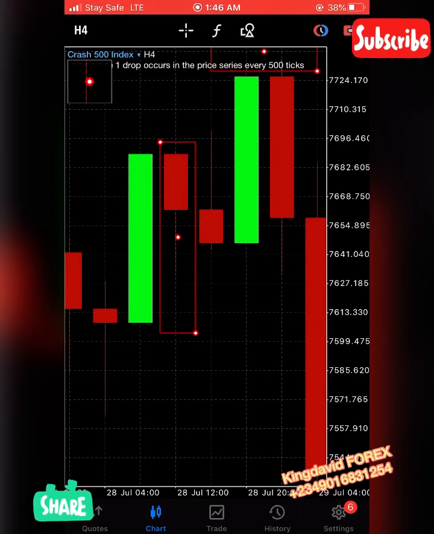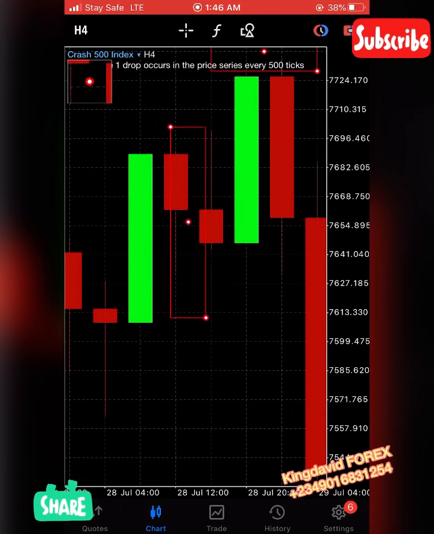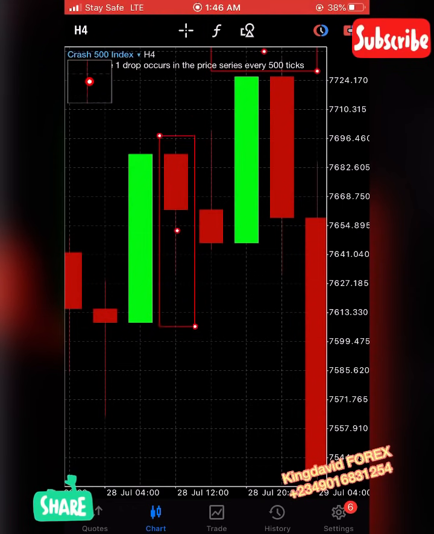I'm always that confident that the next candle is a sell. Don't forget this is a full 4-hour candle. Imagine having a sell for a full 4 hours using just two lot size. Of course you know what that's going to give you.